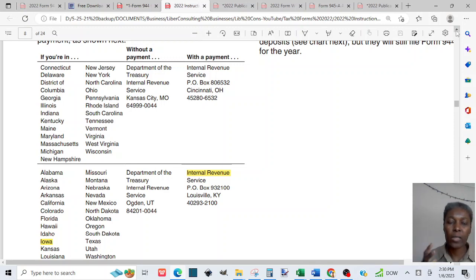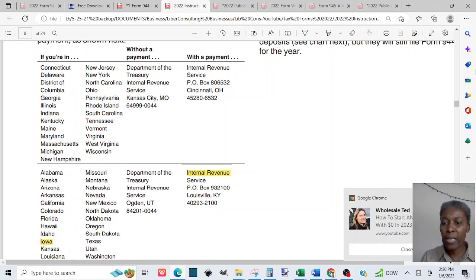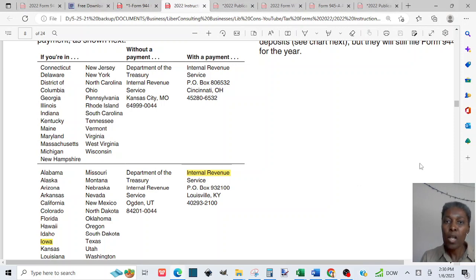You print your Form 944 out, you sign it, you date it, you make a copy for your business record, you put it in the envelope, and you come to page 8 of IRS Instructions for Form 944, and you look for "without a payment:" and you choose the address that corresponds to your state row, and you put that address on the envelope.